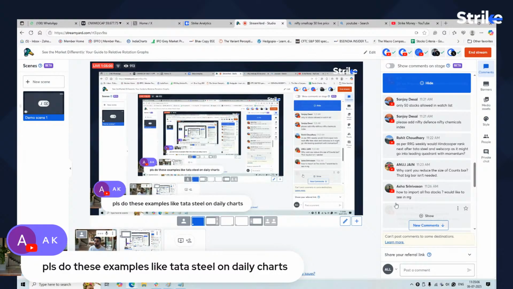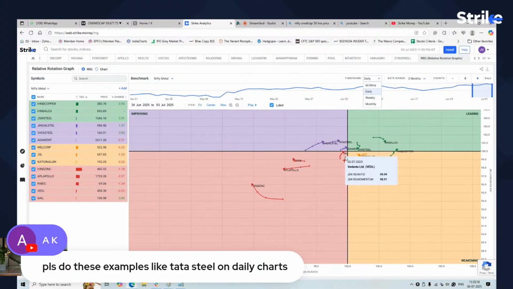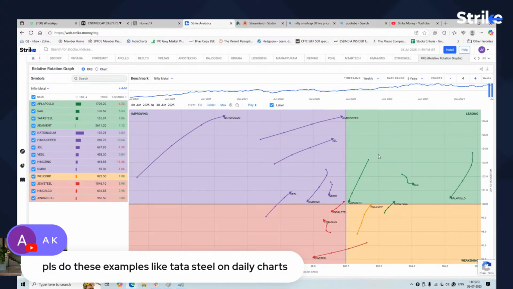As per RRG, Hind Copper ranks next after Tata Steel, and it might get into the leading quadrant. Yes, Hind Copper is good. It might break into leading, but I think probably a more interesting one would be Vedanta.